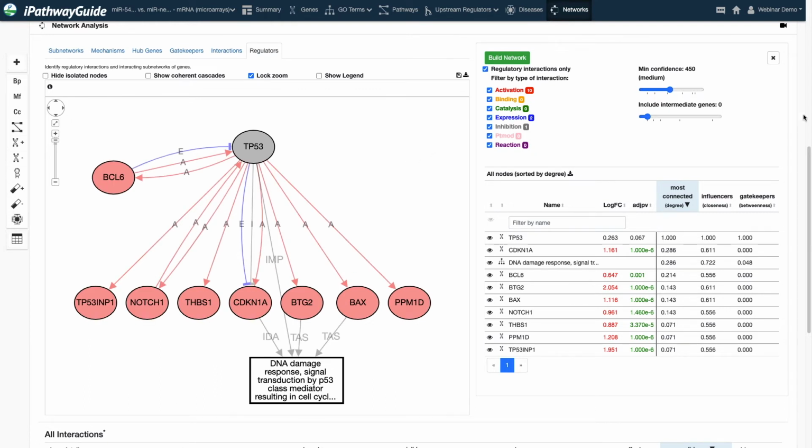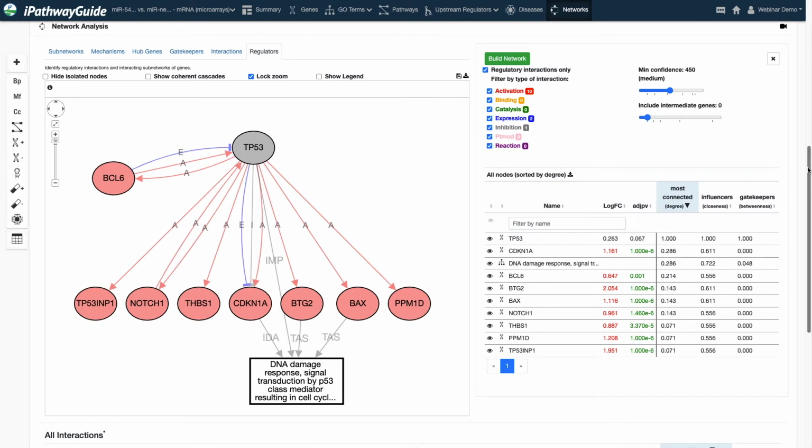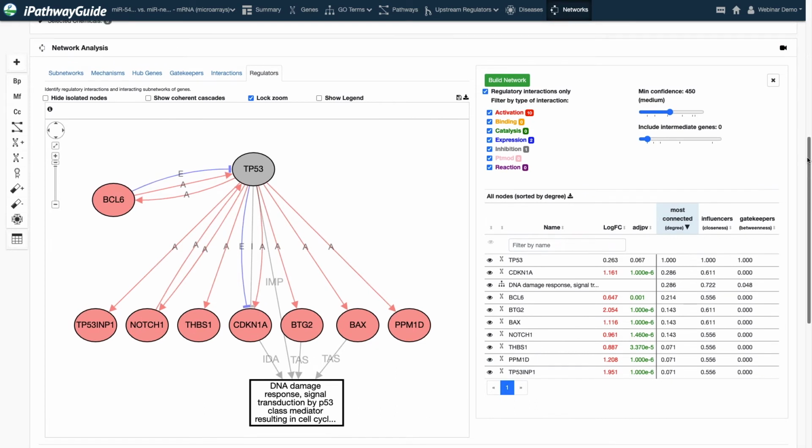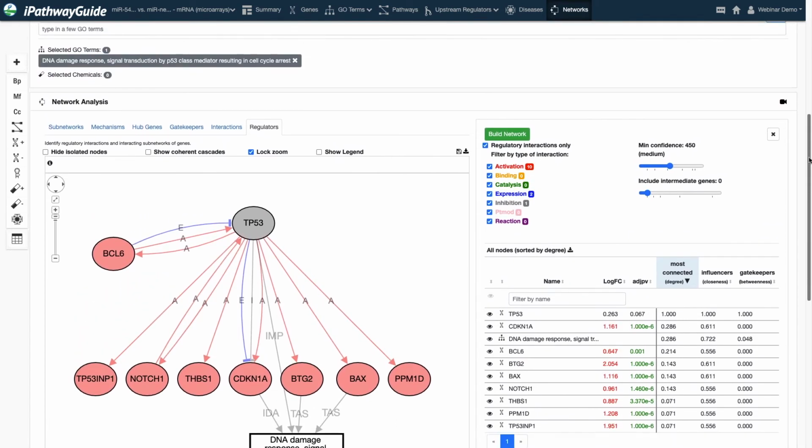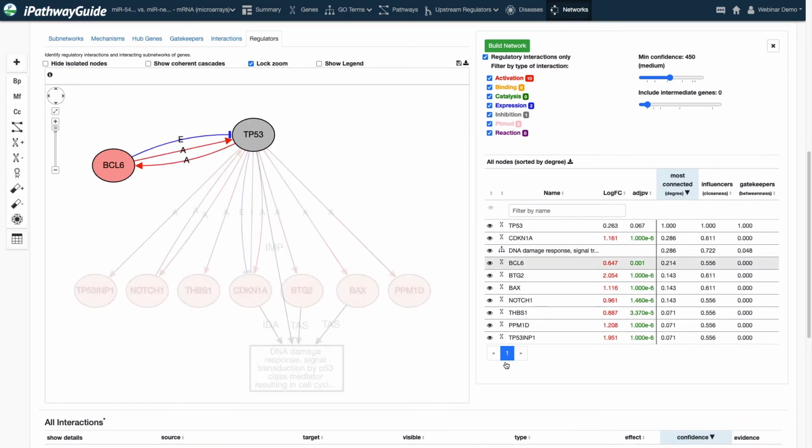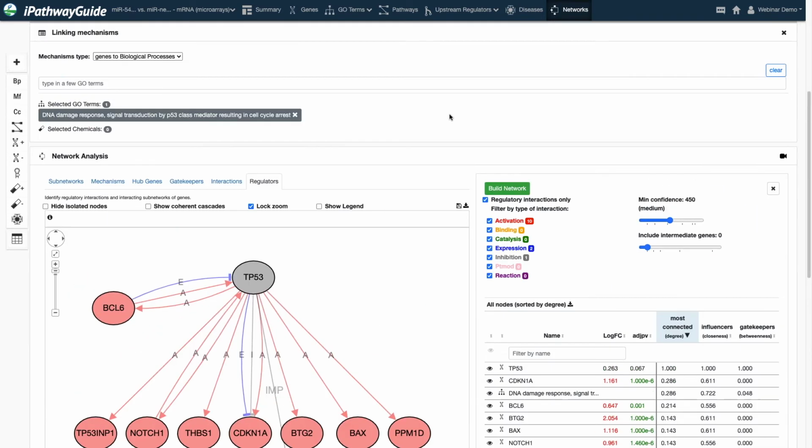The last thing I might do is add in a chemical and ask, we saw that adenine can reverse the phenotype. Are some of those genes here? Are there reactions between adenine and any of the genes in this mechanism that could be used to influence this process?